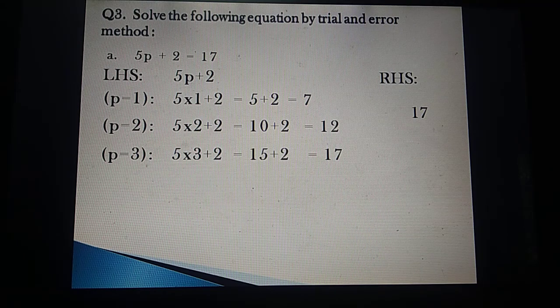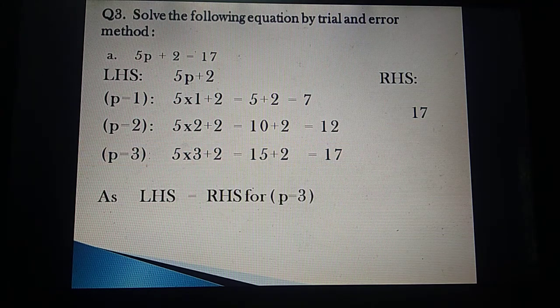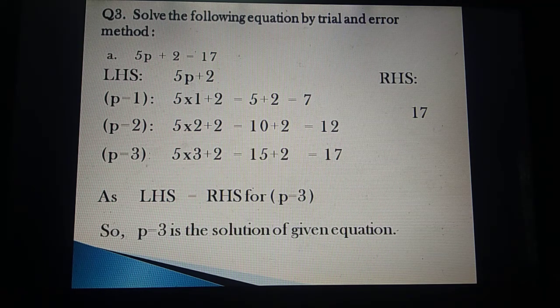So, as LHS equals RHS for p equals 3, we will say p equals 3 is the solution of the given equation. So my dear children, this method of using a number of values for a particular variable to find a value where LHS equals RHS is the trial and error method.